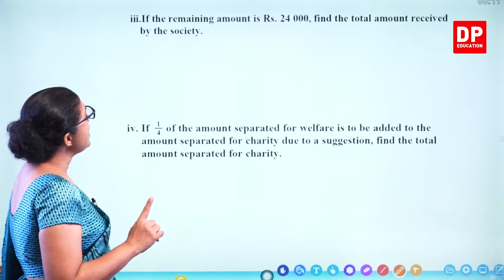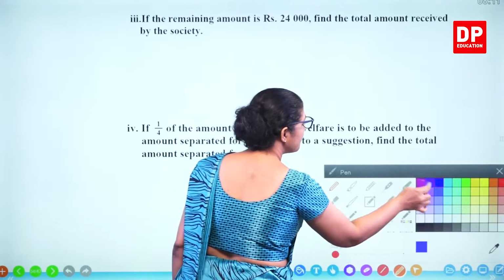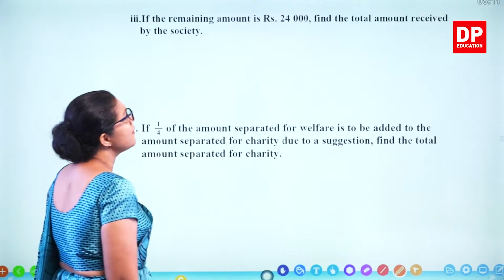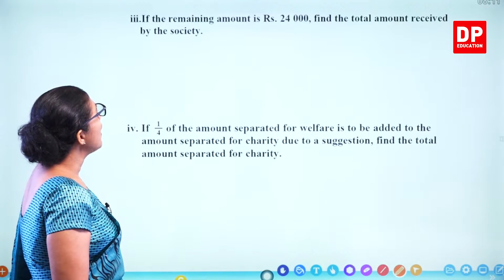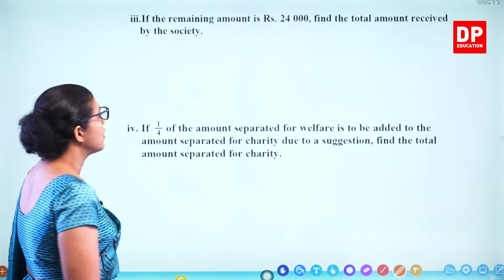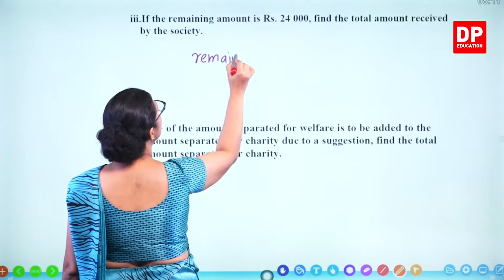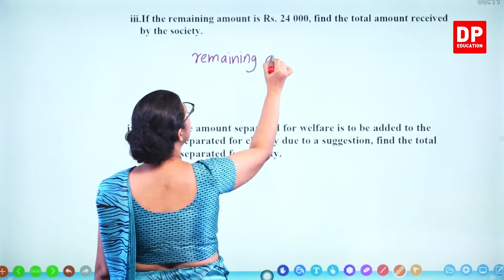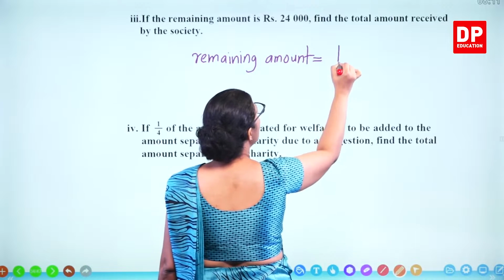If the remaining amount is 24,000, find the total amount received by the society. So you have to find out the remaining amount. Now we know the whole thing is 1.